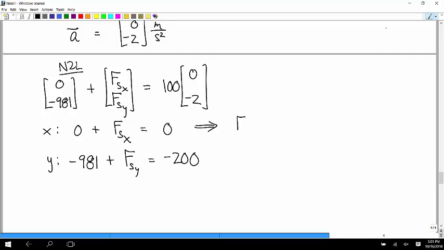So solve for Fsx, and that's 0. Solve for Fsy, and that's 781.